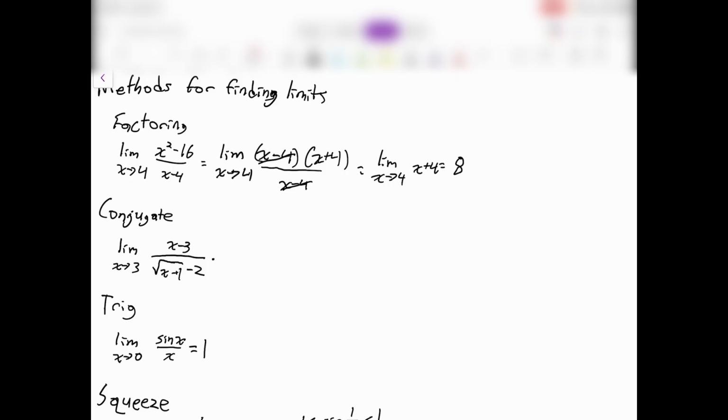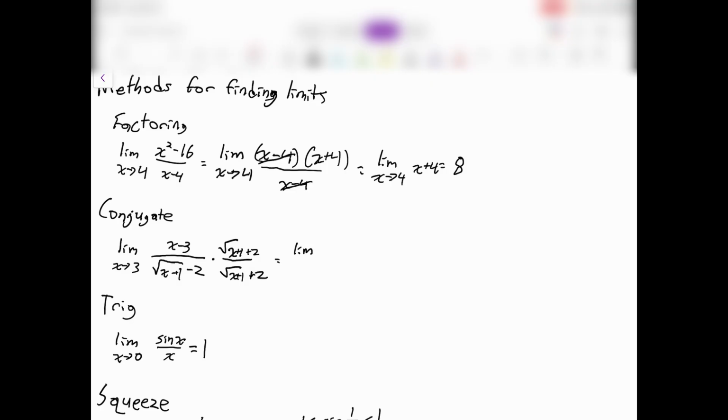Now looking at conjugate. What you do is multiply by the conjugate of the square root. That means you take that square root, x plus 1, and then flip the sign, so it'd be plus 2. You do the same thing for the top. You don't want to factor the top, because things are going to cancel out.